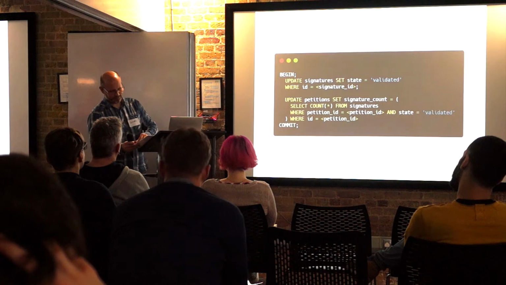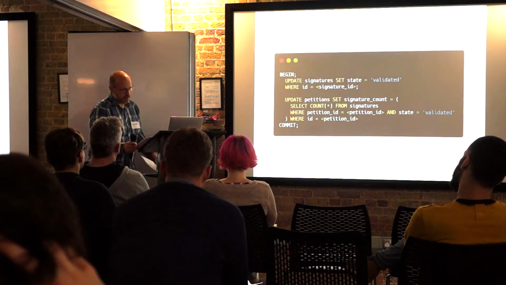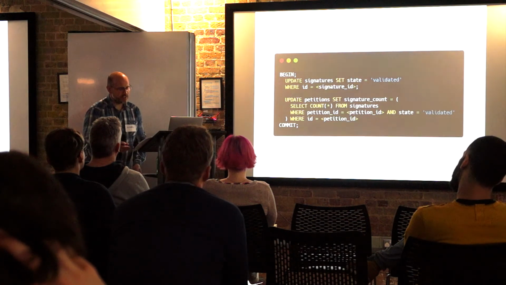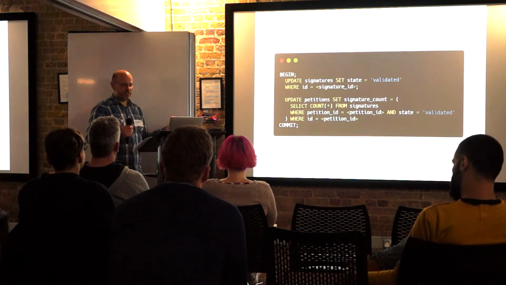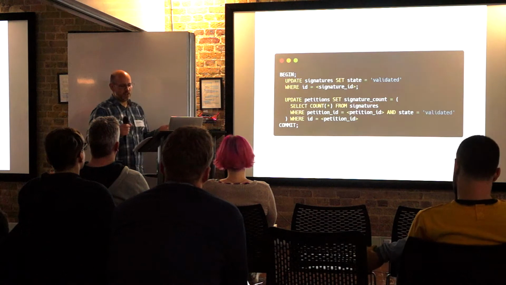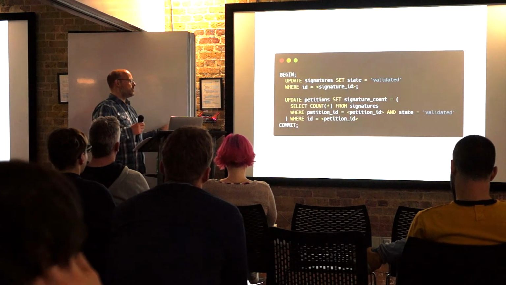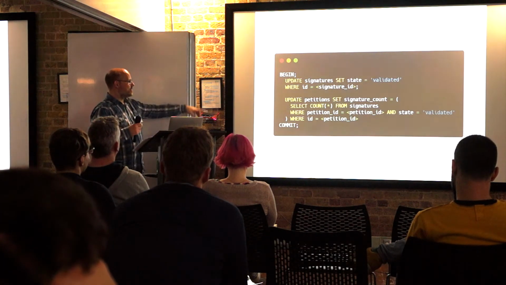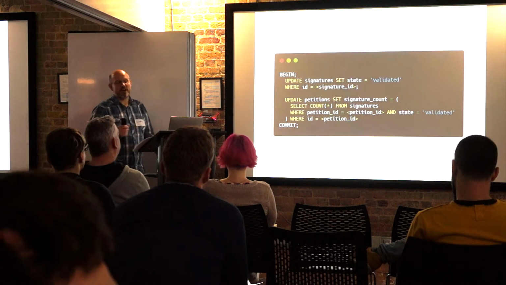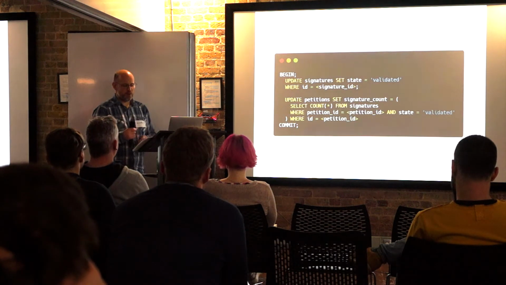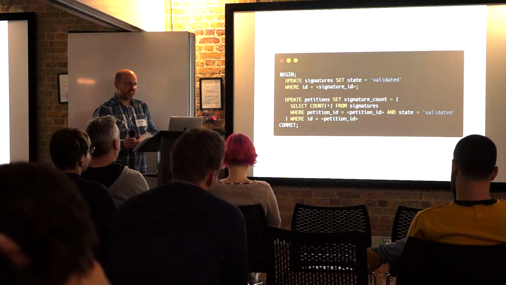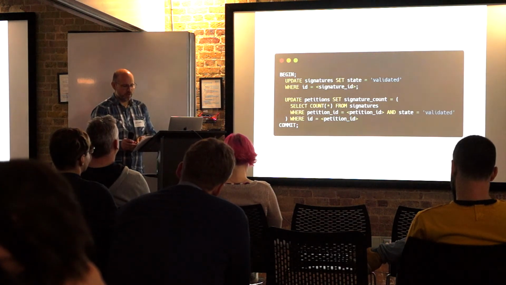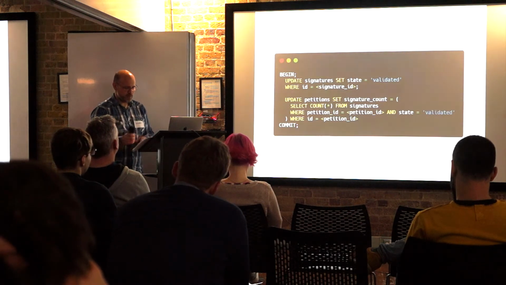In the true spirit of Agile, this is definitely an MVP, and it's plain to see that this becomes an issue, even at low signing rates. Once petitions gain enough signatures, where it takes a second to run this query, the maximum signature rate you're going to be able to do over an hour is just over 3,500, and in reality, your database would fall over long before that. So they needed to come up with a better option.